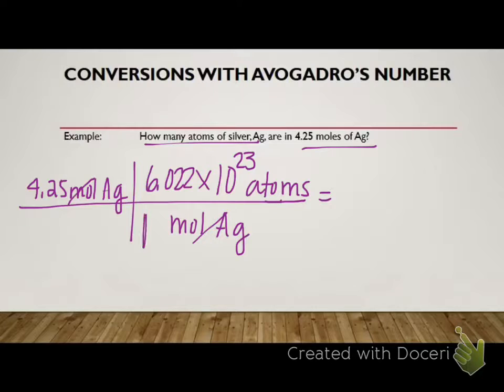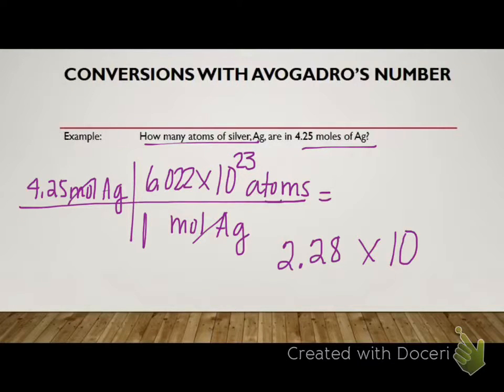Cancel, cancel, because it's always per 1 mole. And so we would multiply 4.25 times 6.022 times 10 to the 23rd. And when we do that, we should get 2.28 or 29. How many should we have? 3? 3. 2.66 or 2.56.